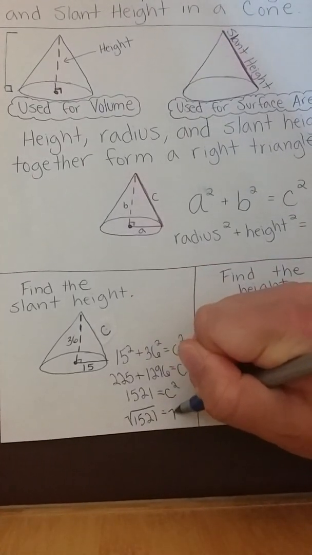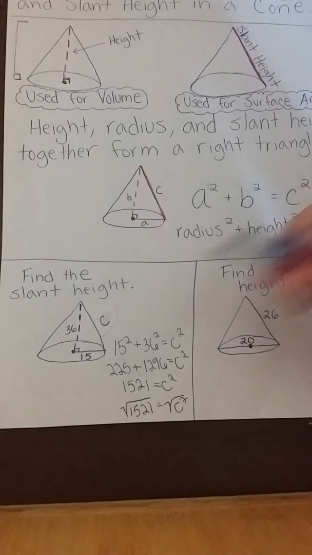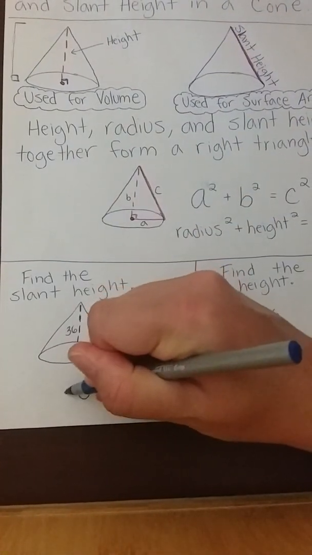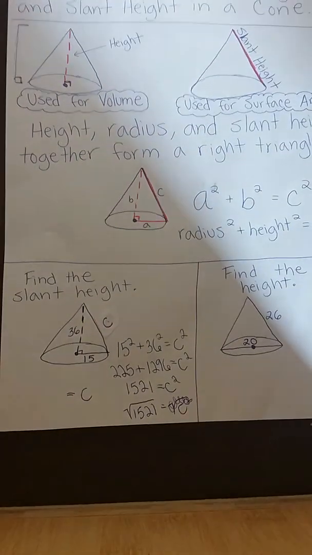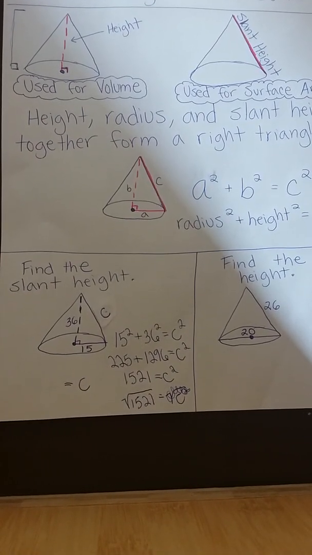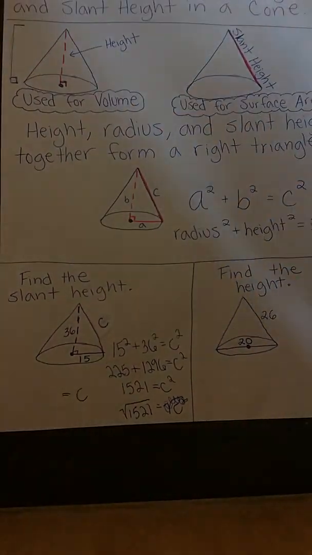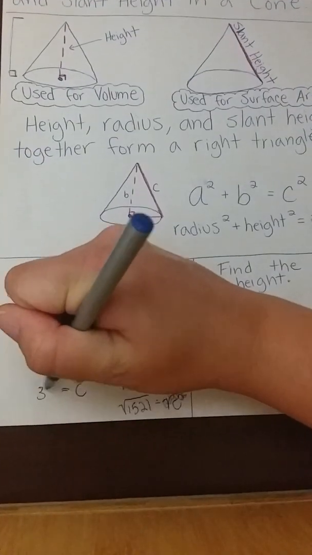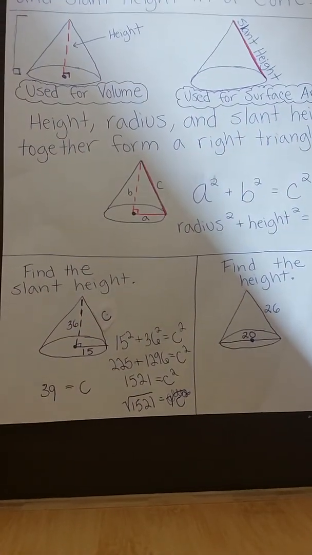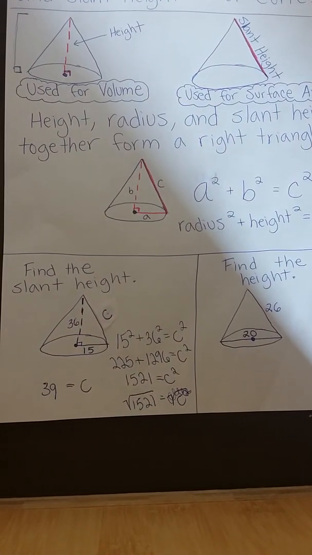And over here, I square root c squared. Square root and squared cross off, so that just leaves c. And on the other side, when I find the square root of 1,521, I get 39. So c is 39, which means in this, the slant height is 39.